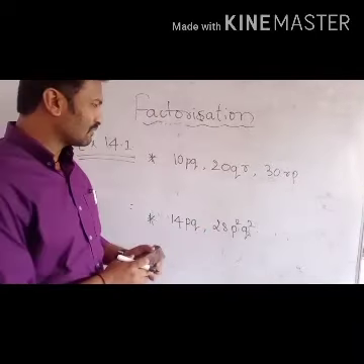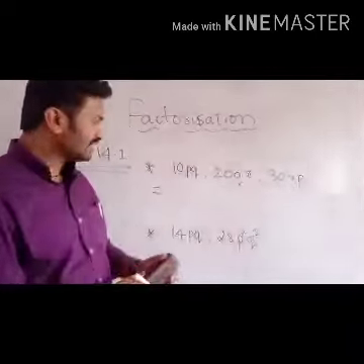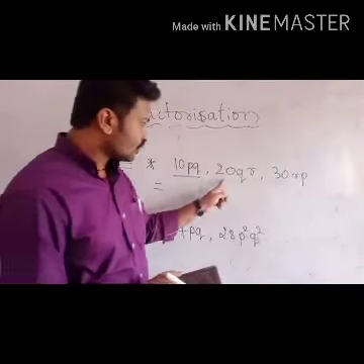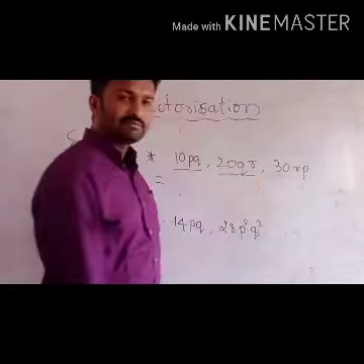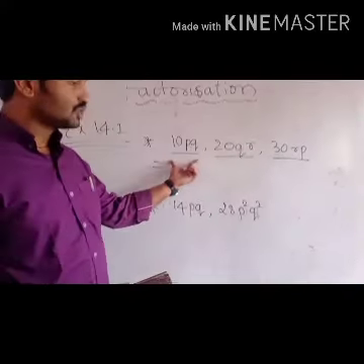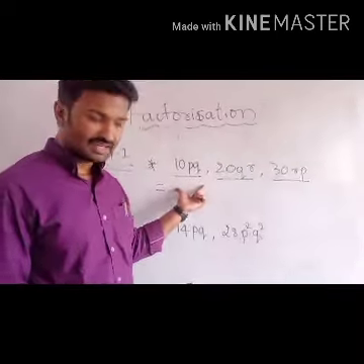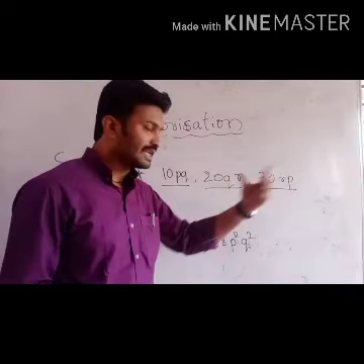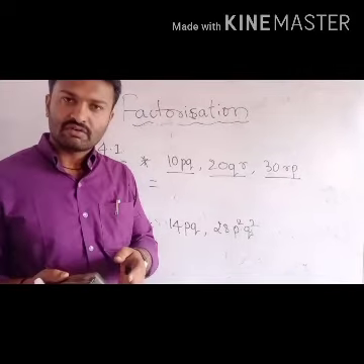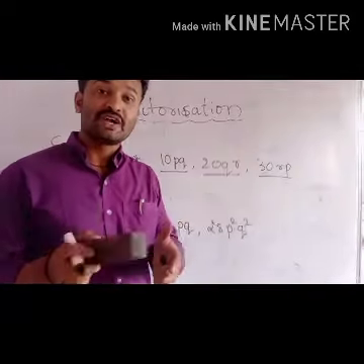Very simple problems. Here, what they have given: 10pq is one term, 20qr is one more term, 30rp. Just go through how many terms they have given: 1, 2, 3. In all three terms, first we search in variable.